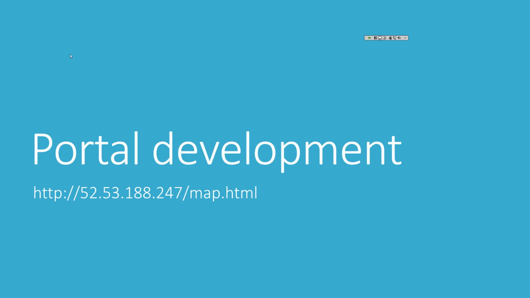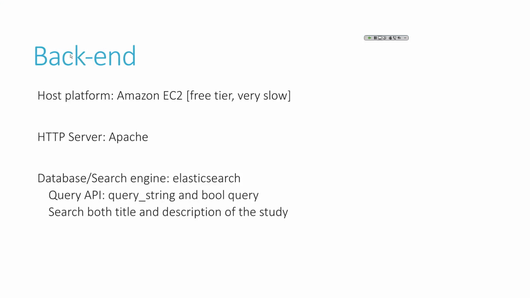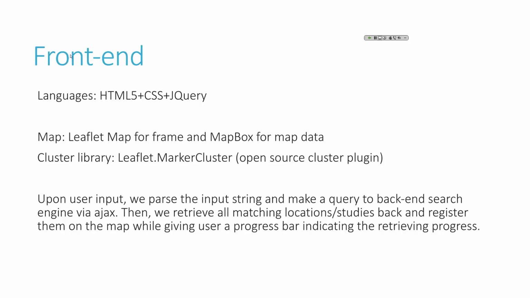We developed the portal backend using an Amazon EC2 hosted HTTP server on Apache, and we used Elasticsearch to support the query API and speed it up using a memory cache. In the front end, we use HTML5, CSS, and jQuery.